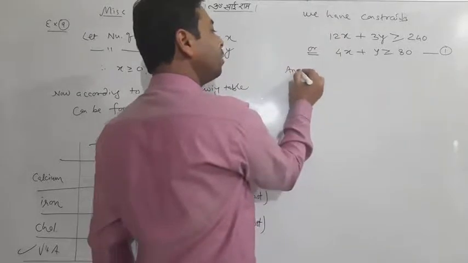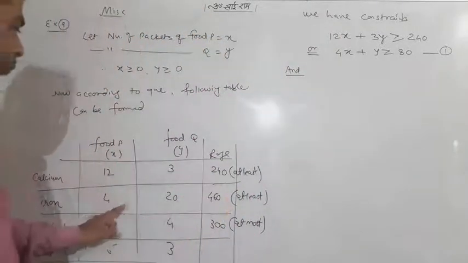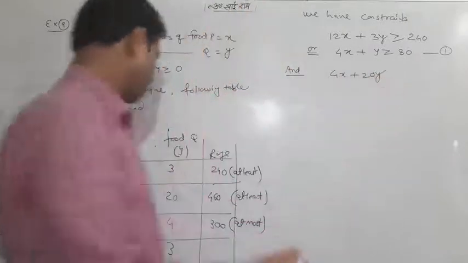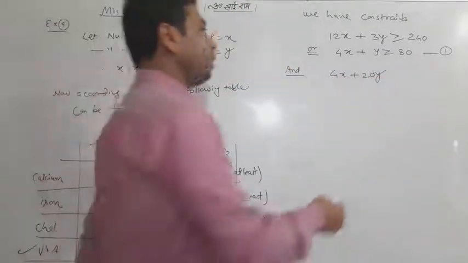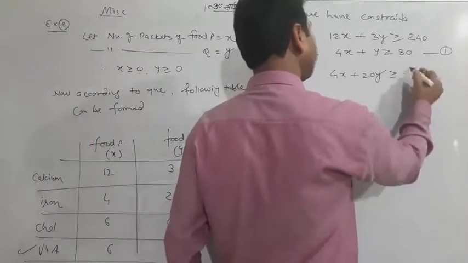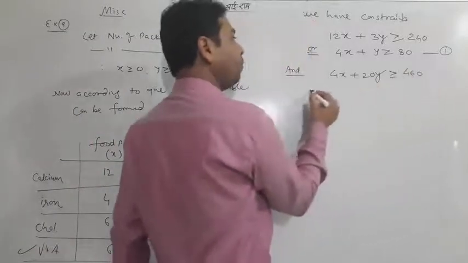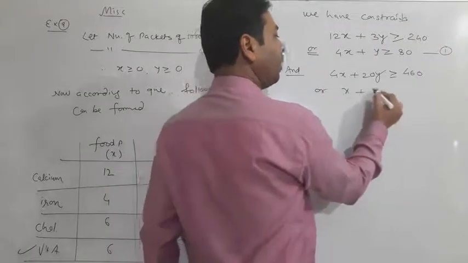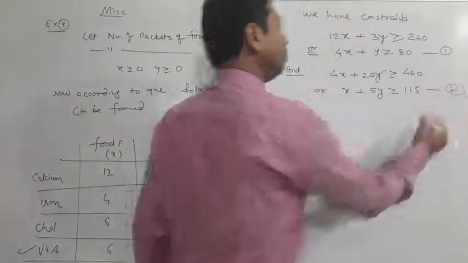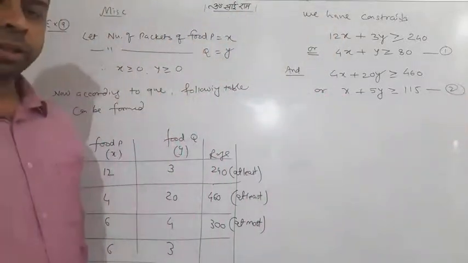Second is 4x plus 20y. Here again it is at least, so again 460 will be there. Divide by 4 and we will have it like that. The second inequality we got.